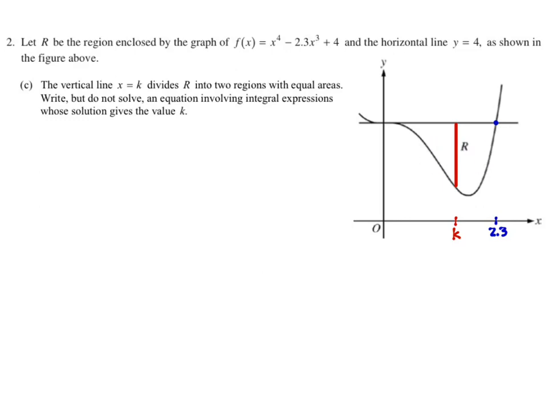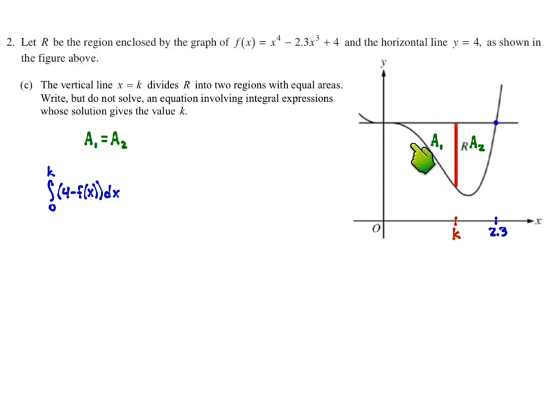Well, there's a couple ways of doing this. I could write an expression for this area and an expression for this area, so I'll call them A1 and A2. We need to know that A1 is equal to A2. Region A1 is the integral from 0 to k of 4 minus f of x dx. Again, the area between two curves is always the integral of the upper curve minus the lower curve.